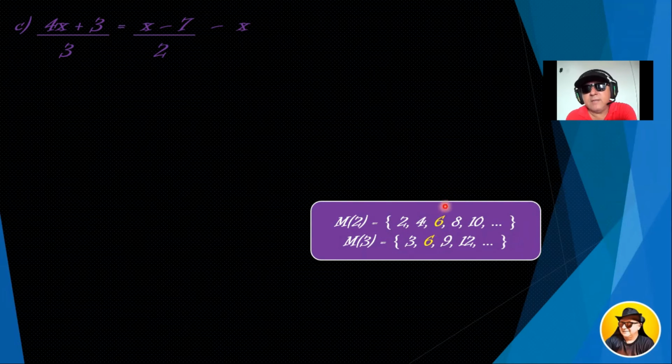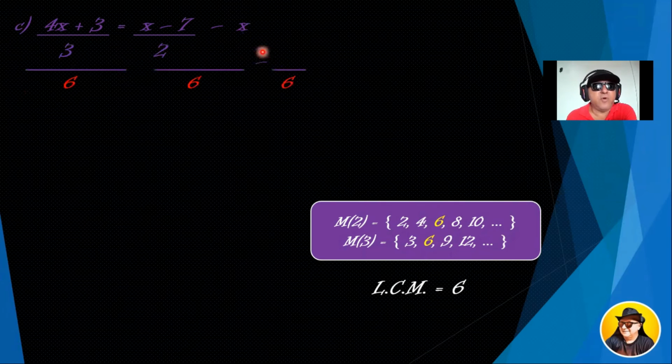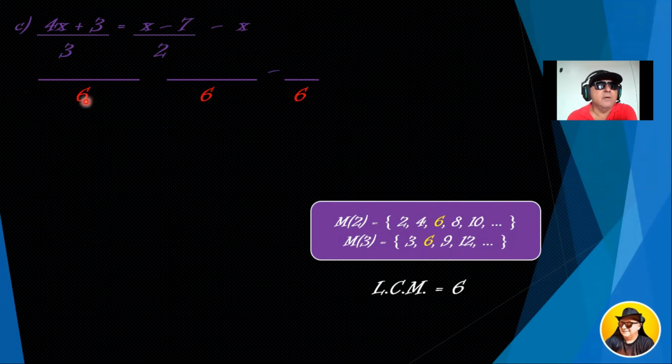And easily we see that the LCM is 6. As I told you, 3 fractions. Let's organize the 3 fractions with the new denominator, 6. Let's get the division. 6 divided by 3 is 2. And the 2 times the binomial here.